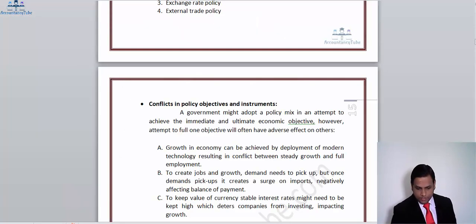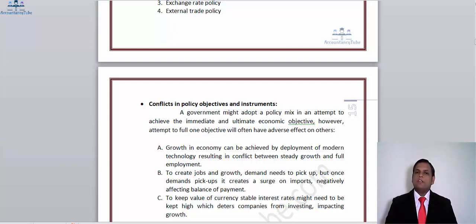Then we have another example: to create jobs and growth, demand needs to pick up, but once demand picks up, it creates a surge in imports, negatively affecting the balance of payments. As more jobs are produced in an economy, people will start to get rich and demand goods as their consumption increases.